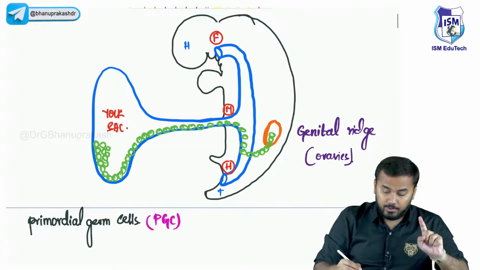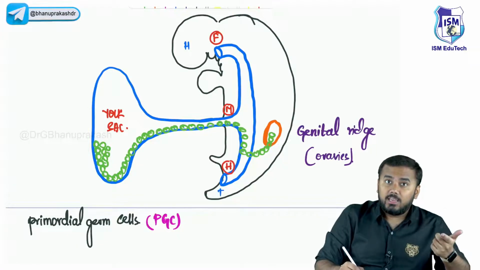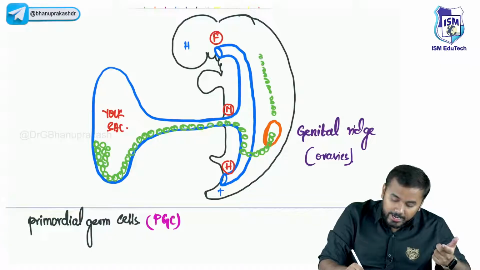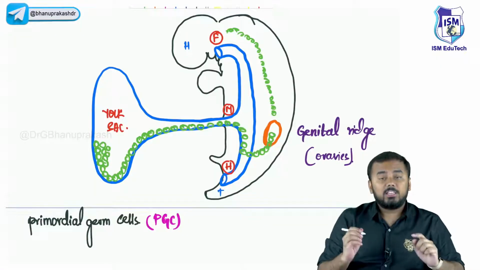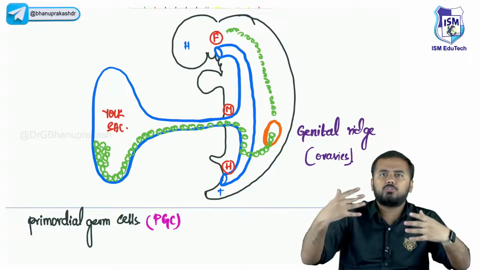For example, if these primordial germ cells, by mistake, travel to the head and neck, what will happen? Within the head and neck, these primordial germ cells divide and form different kinds of tissue.